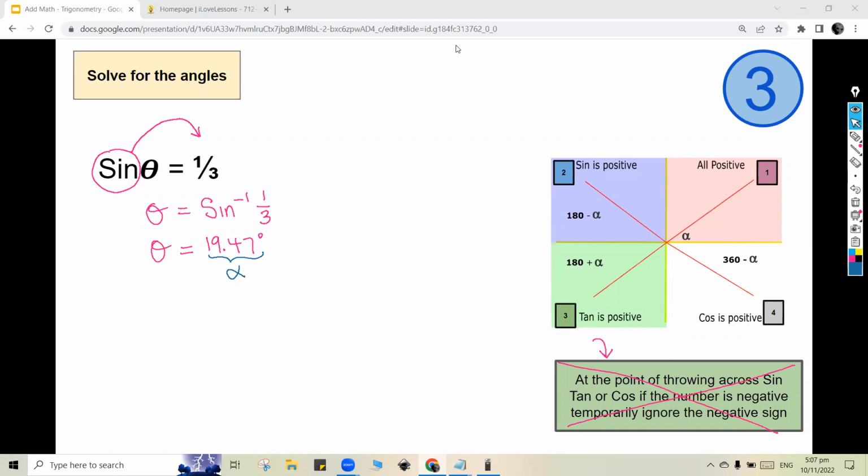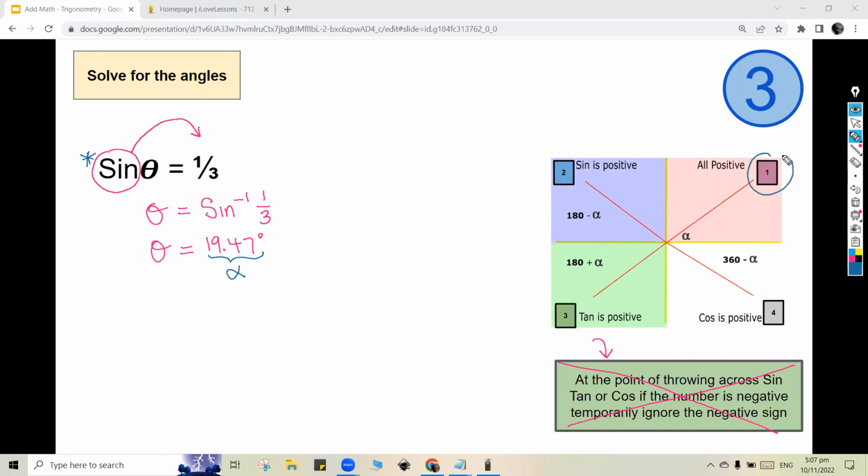Now we ask ourselves, hey, this is a positive type of question because the sign that it was dropping on was positive and it involves sine. So it's a positive sine question. Where is sine positive? Which two quadrants, which two regions? Right, and a lot of people are getting it correct now.